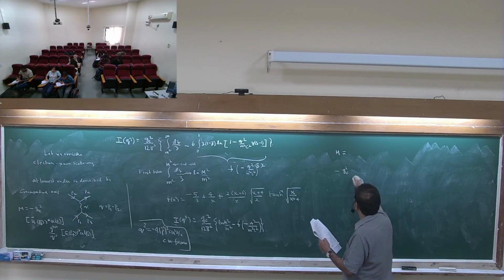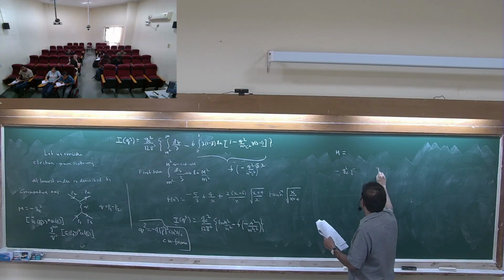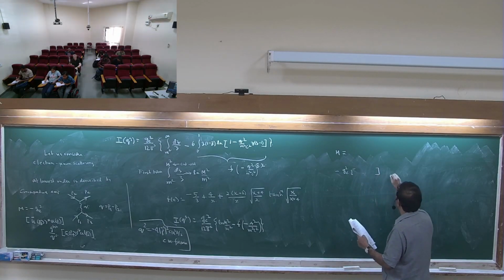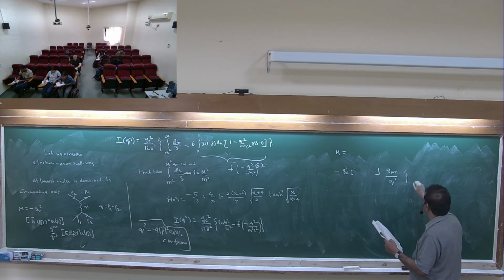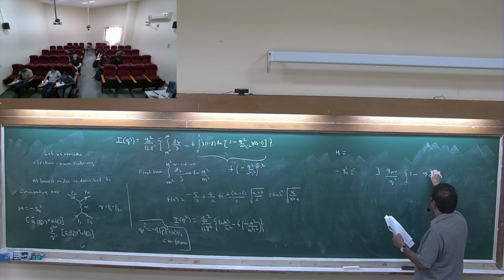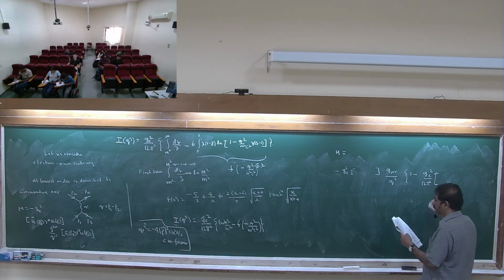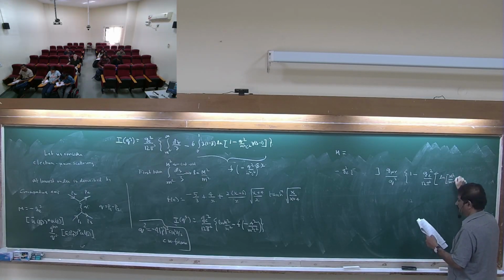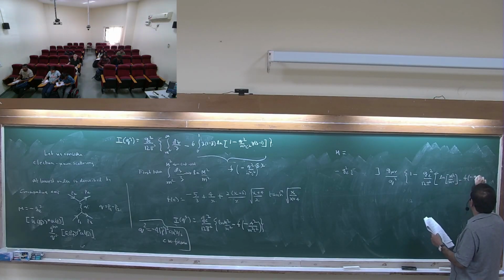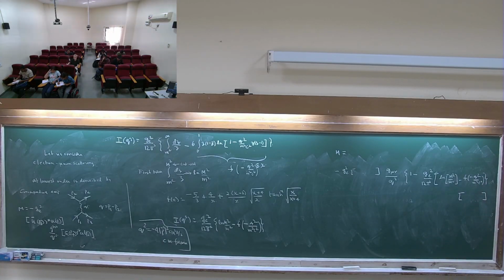This amounts to taking minus ge squared bunch of u bars g mu nu by q squared, and then this whole blob is now replaced by 1 minus ge squared divided by 12 pi squared times logarithm of m squared by m squared minus f of minus q squared by m squared c squared, times again the bunch of spinors like this.